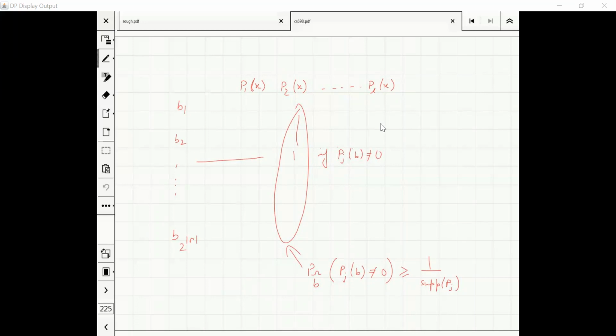So this is the number of b's such that PjB is not equal to 0, divided by 2 to the power gamma. I'm just normalizing it by 2 to the power gamma. But my claim is this is greater than 1 by the sparsity of Pj. Why is that true?